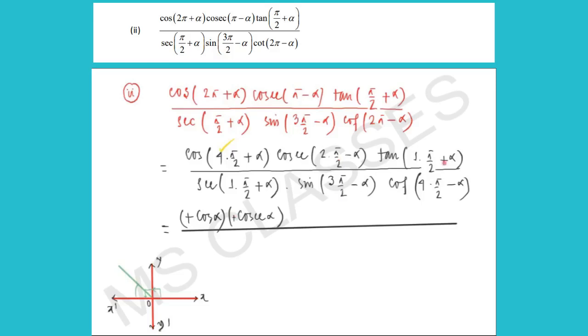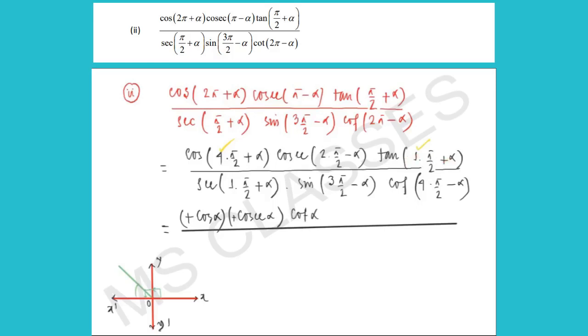Next, tan 1 into pi by 2 plus alpha. Since it is 1 into pi by 2 plus alpha, an odd multiple of pi by 2, this will become cot alpha.